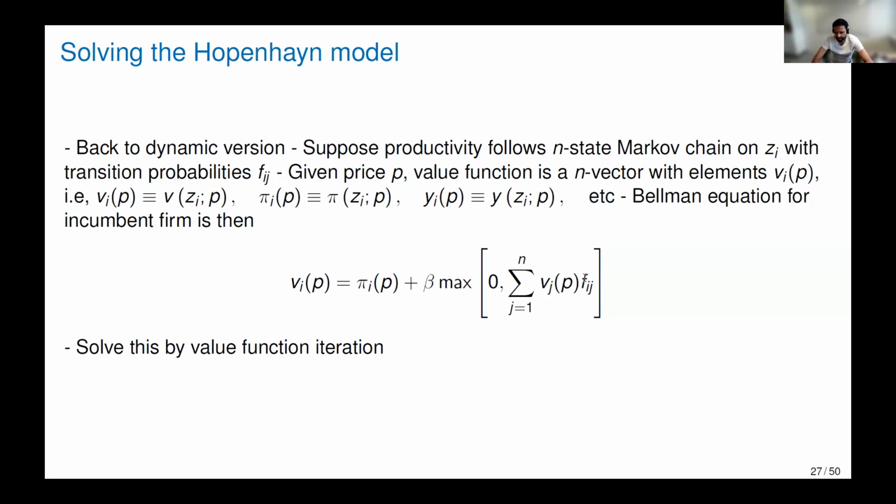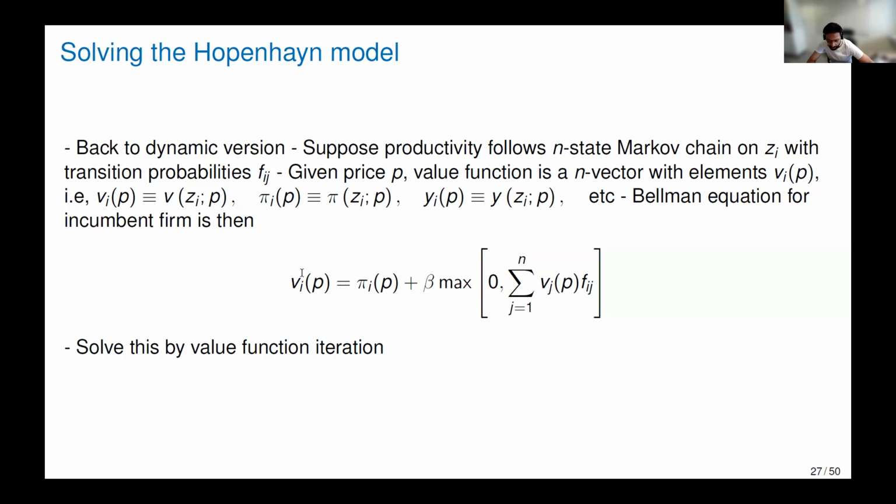Pij is a transition probability that you know, and VJP you do not know, right? So again, you have to make a guess on the VJP in order to compute the value of the firm. Okay, so we will use this logic of dynamic programming where we will use value function iterations to get our value of the firm, and I will show you how to do it.